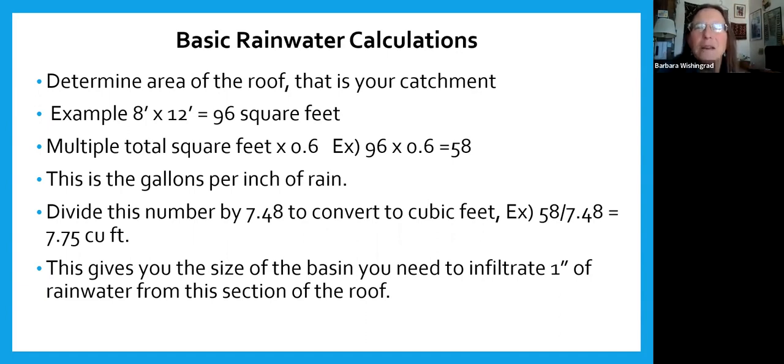And also, depending on the material that your roof is, there's some absorption that's going to happen on the roof, so it's going to be a little less. So this is the amount that's actually going to come onto the downspout. In this example, 96 square feet by 0.6 is 58, and that's how many gallons of water you get in 1 inch of rain.